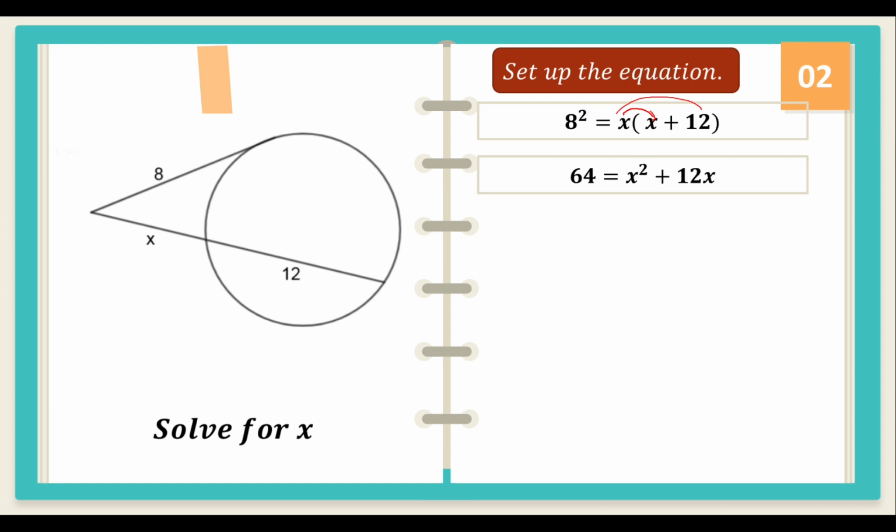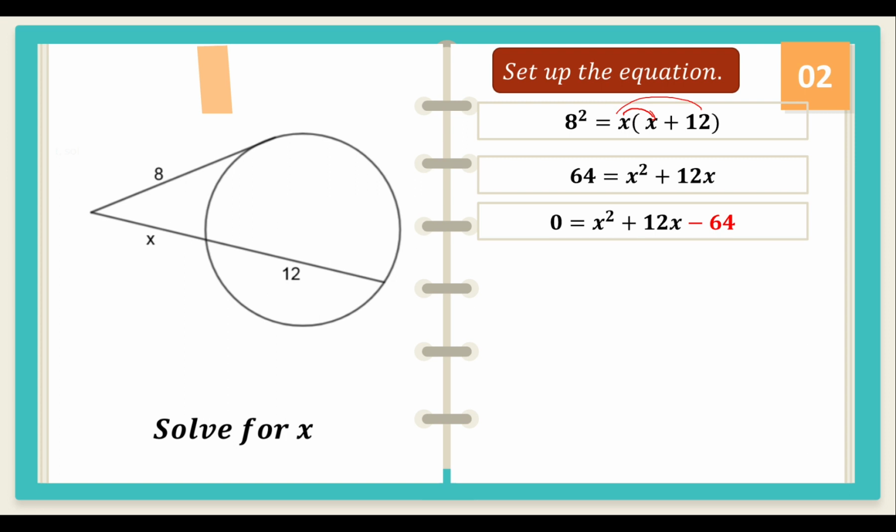Inasmuch as the highest exponent is 2, giving us a quadratic equation, we transfer every term to one side of the equation, giving us 0 is equal to x squared plus 12x minus 64, as we transferred 64 from the left side of the equation to the right side, thereby changing its sign.